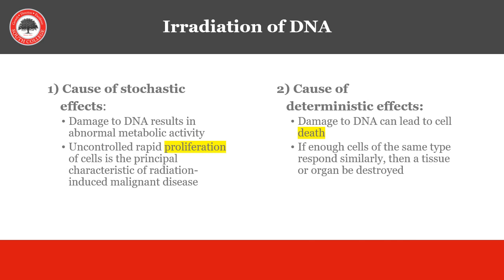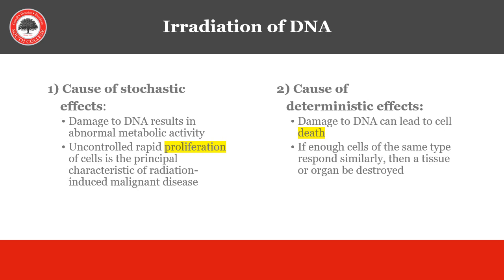Marie Curie, who developed radiation-induced leukemia, and her daughter Irene had the exact same effect from working with radioactive materials. They both had abnormal proliferation or growth of cells, specifically of white blood cells, with that high metabolic activity of those cells. That resulted in a stochastic effect.